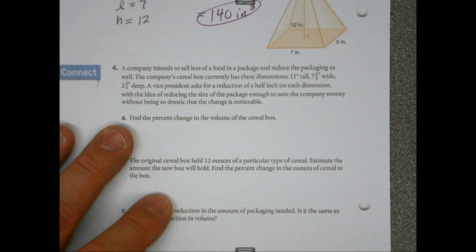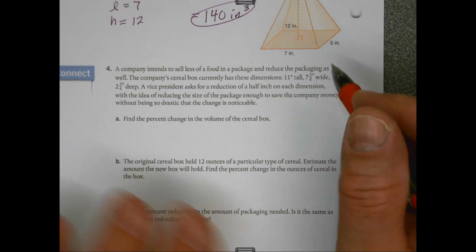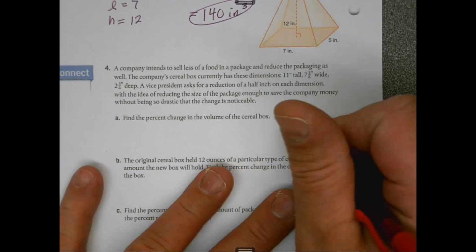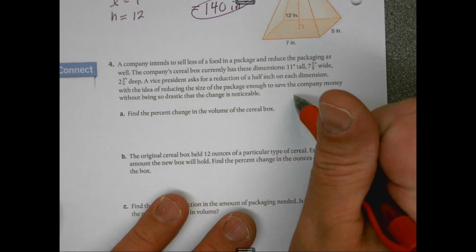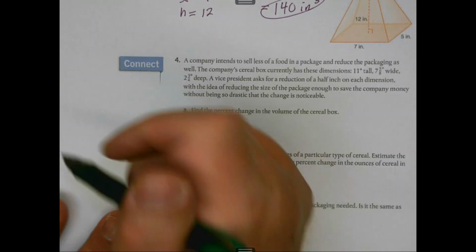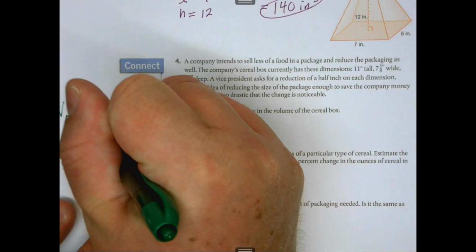So we need to find the volume. So we need volume 1, the original. Volume original equals, this is a rectangular prism. It's a box, so it's a rectangular solid.